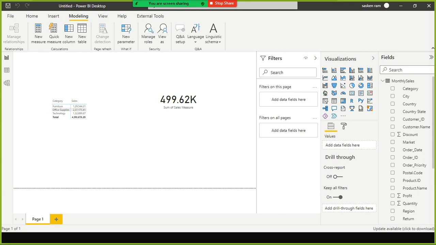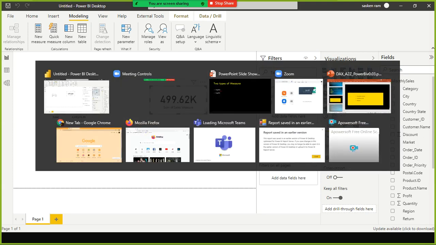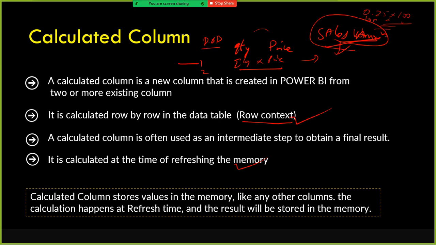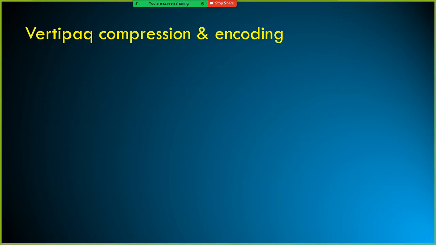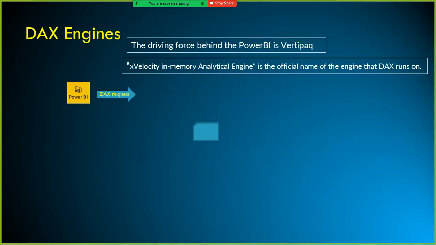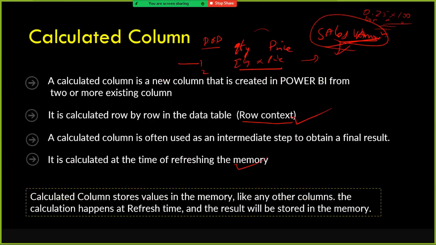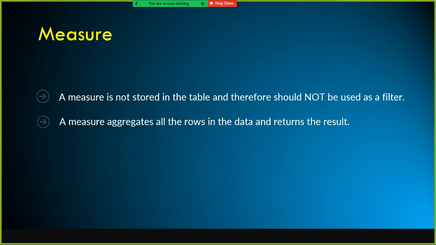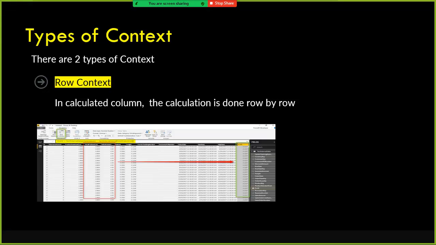So now the question is, when can I use a calculated column, and when can I use a measure? Most of them, especially the beginners, get confused with this.